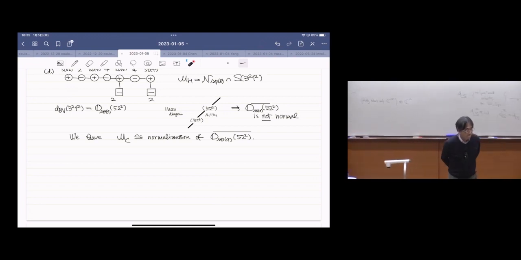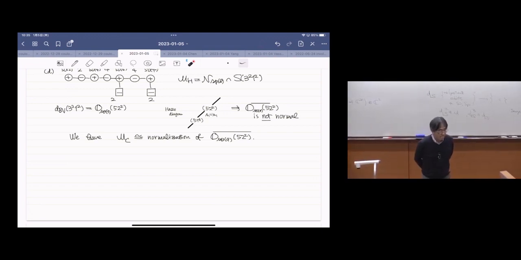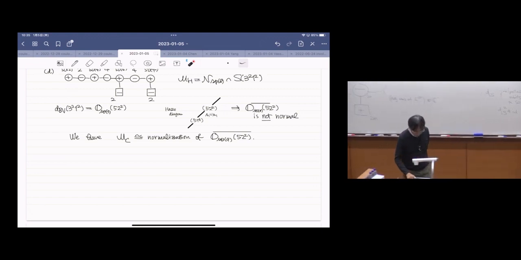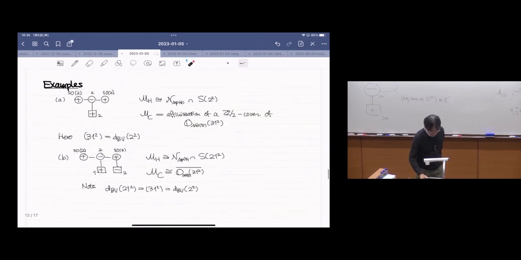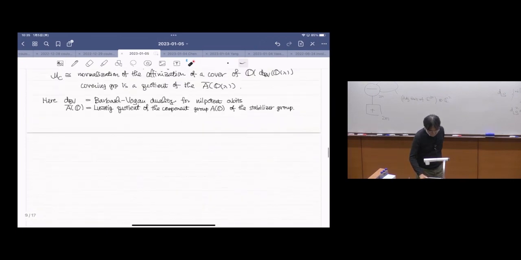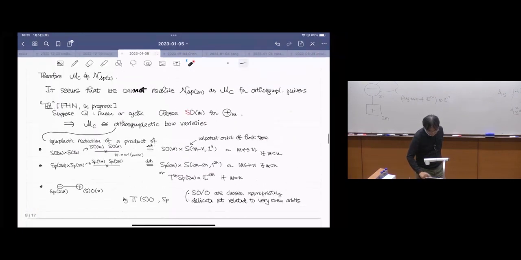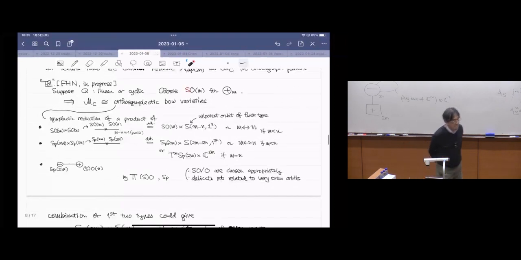Go back to the slide on flow variety. I remember there are three types of combination, like orthogonal, symplectic. In the case of orthogonal, you always require the dimensions to have the same parity, is that right?